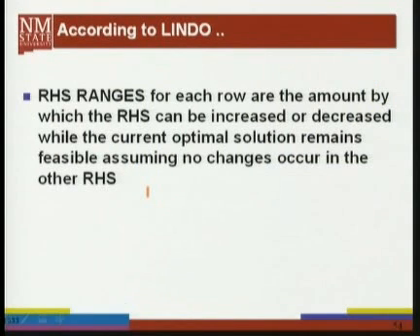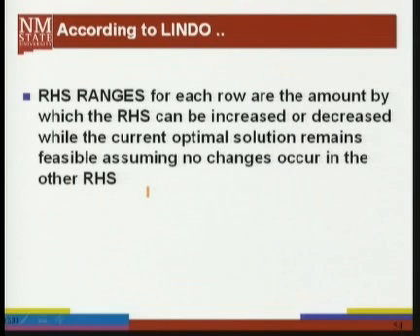And in the Lindo output, the right-hand side ranges for each row are the amount by which the right-hand side can be changed while the current optimal solution remains feasible. Okay?